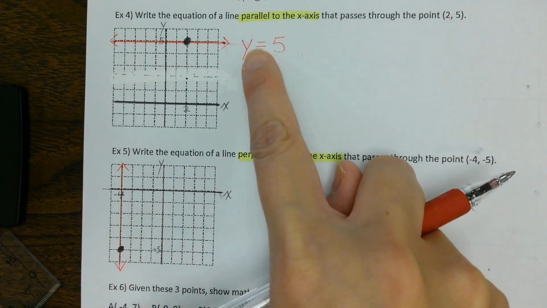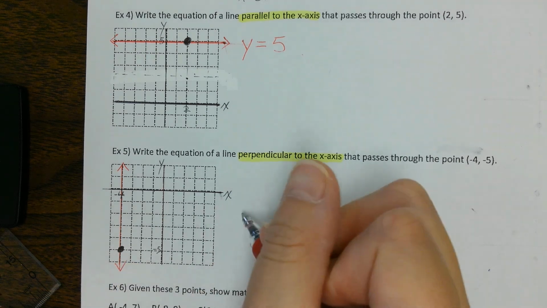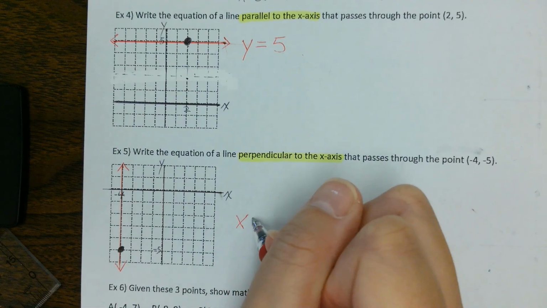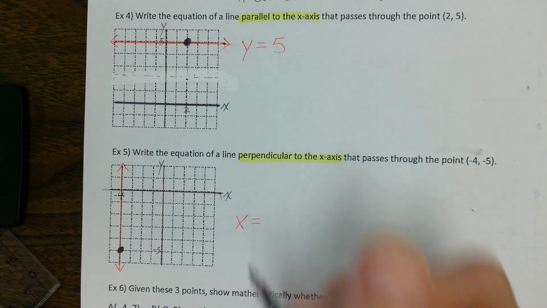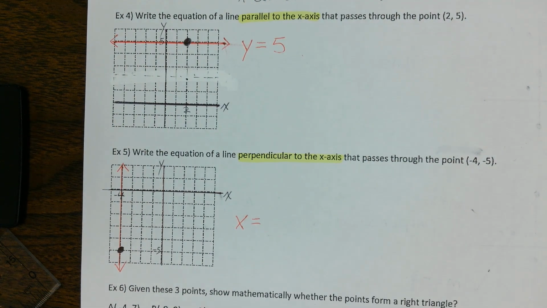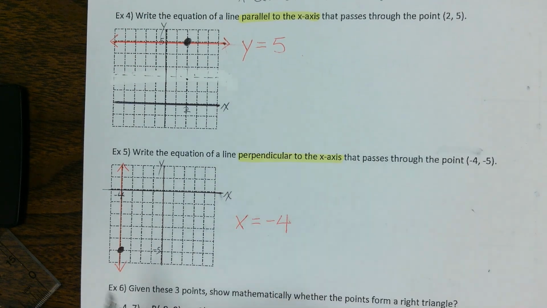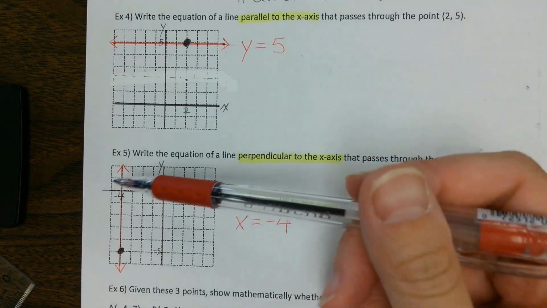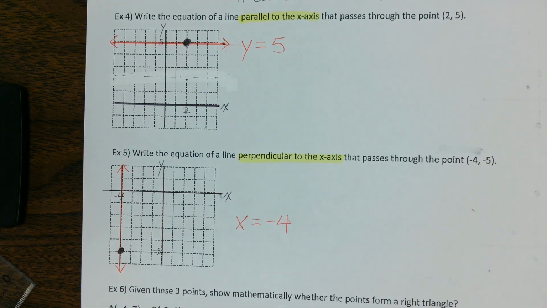So if a horizontal line has the form y equals, what does a vertical line have the form of? Pedro? x equals. Yeah. And what is that x value? Negative 4. Right? Okay. Every single point on this line has the x value of -4.